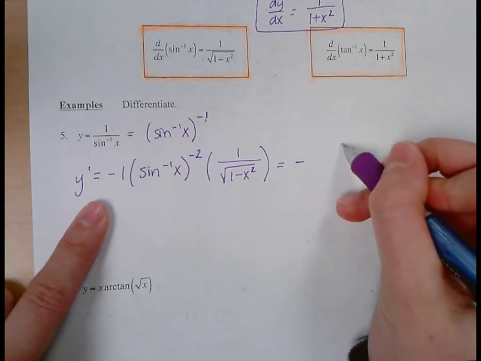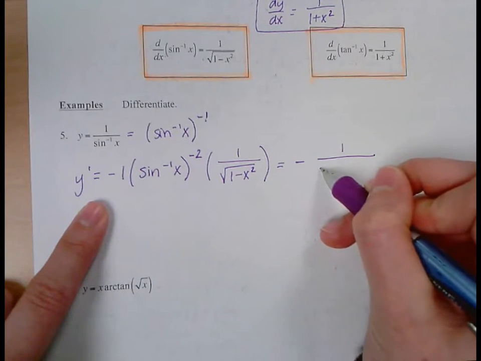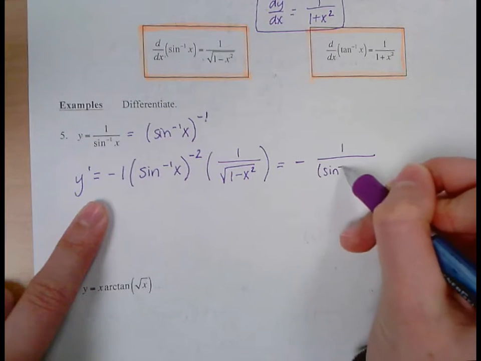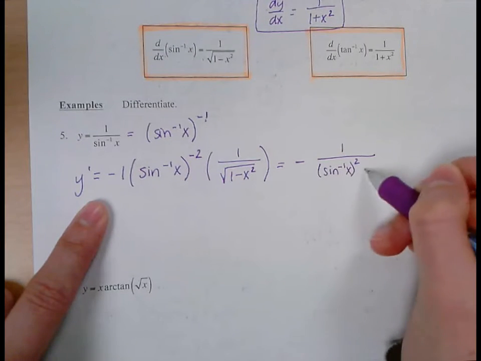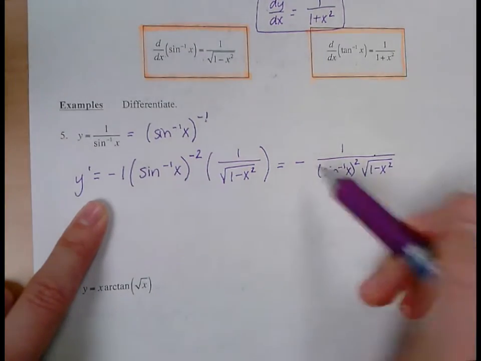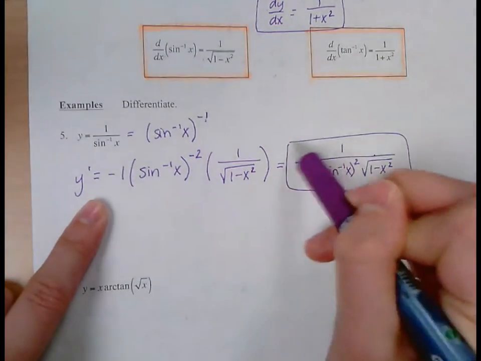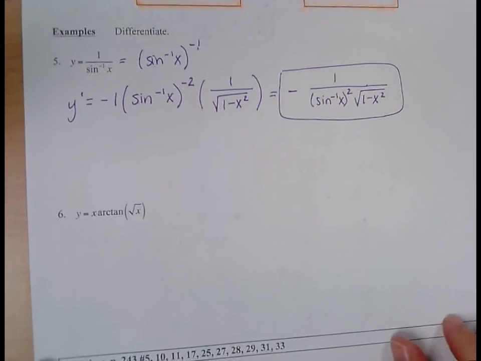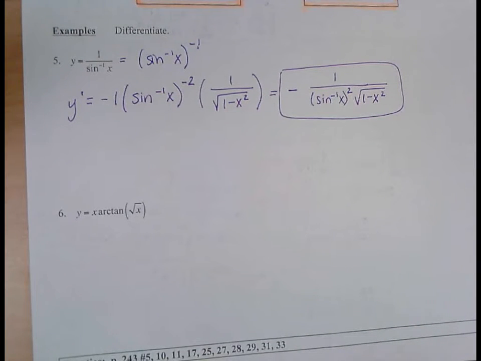So it'd be 1 over inverse sine of x squared times the square root of 1 minus x squared. So you could write it that way, or it would probably be written that way in a multiple choice question.